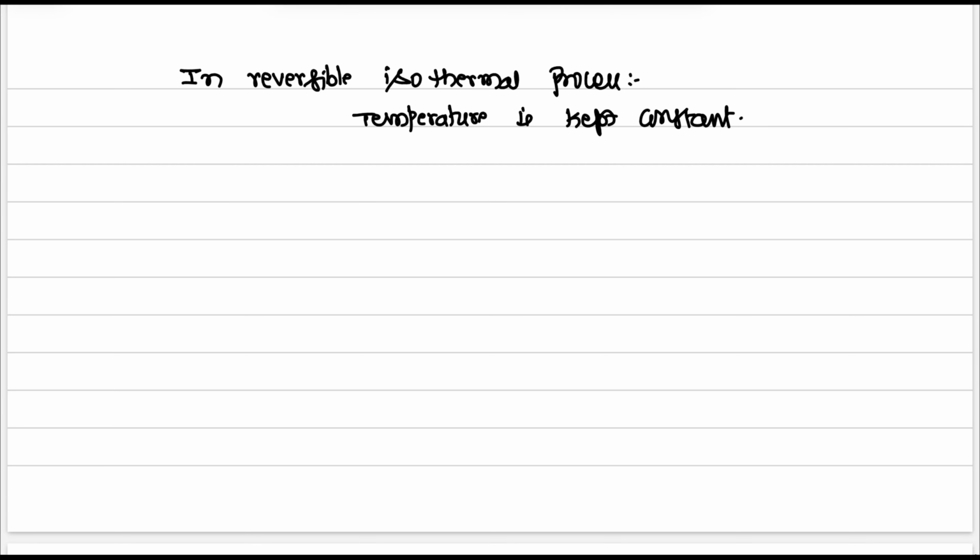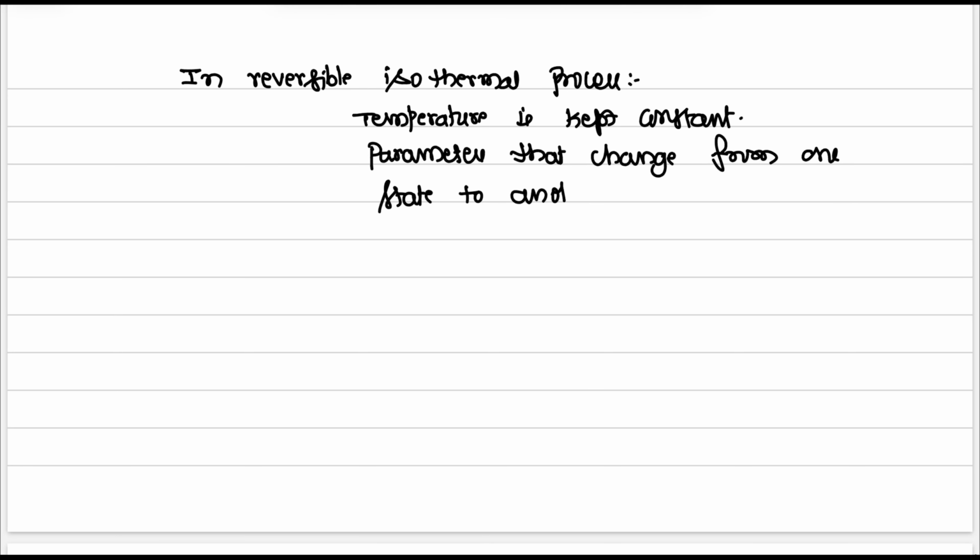From state A to state B, the parameters that change from one state to another are pressure and volume.